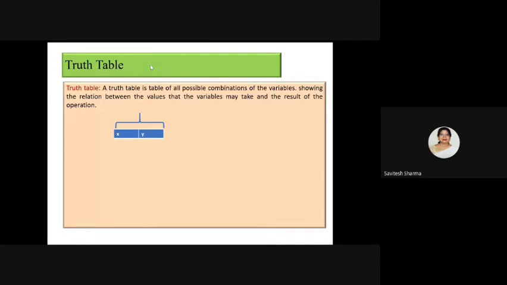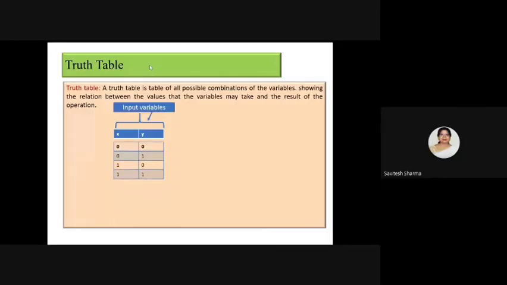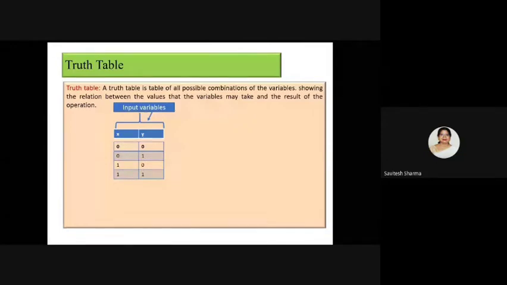Suppose we have two variables x and y. You will show the total states, 2 to the power 2, that means 4 states.